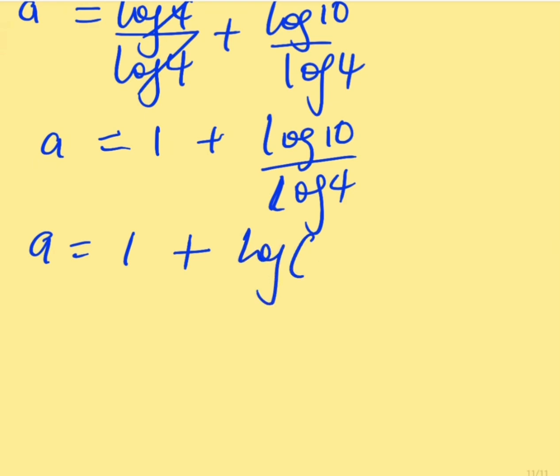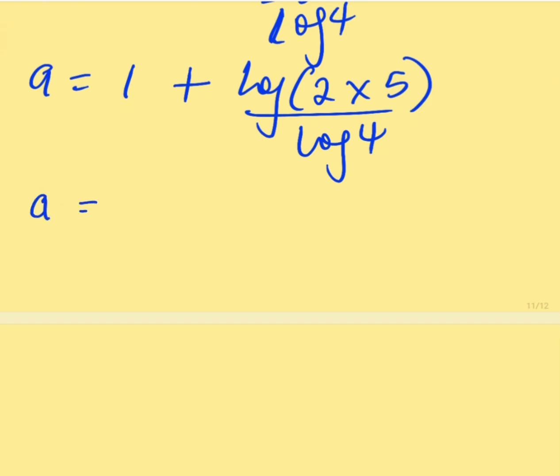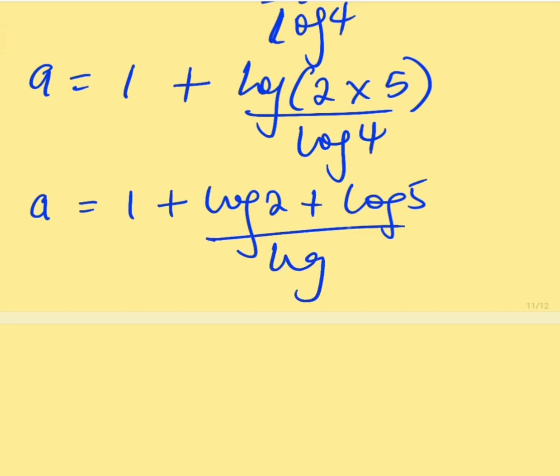So you can break it down as 2 times 5 because 2 times 5 will give us 10, all over logarithm of 4, right? Then from here, we can have that our a is equal to 1 plus logarithm of 2 plus logarithm of 5. That is breaking log 2 times 5 into log 2 plus log 5, all over logarithm of 4, right?